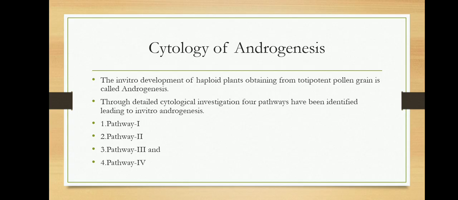The in vitro development of haploid plants obtained from the totipotent pollen grain or totipotent microspore is called androgenesis. Through detailed cytological investigations, 4 pathways have been identified which lead to in vitro androgenesis. And these 4 pathways are pathway 1, pathway 2, pathway 3 and pathway 4.